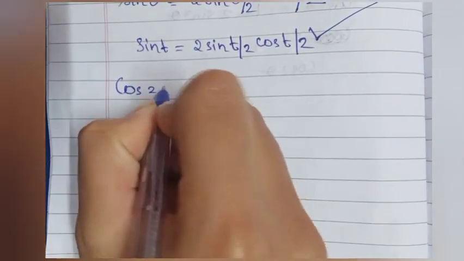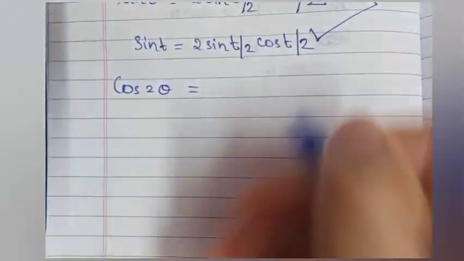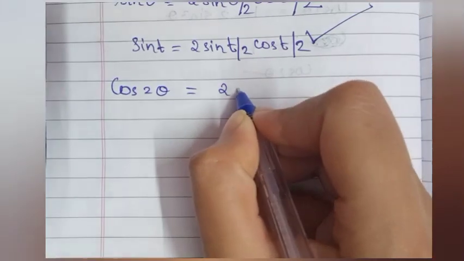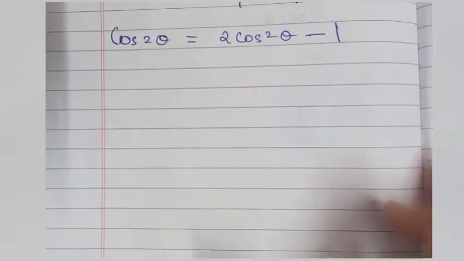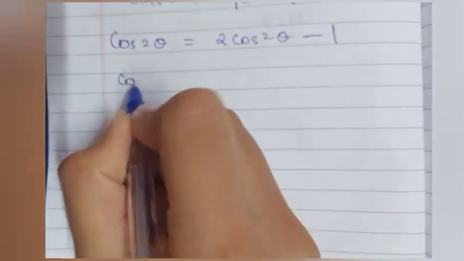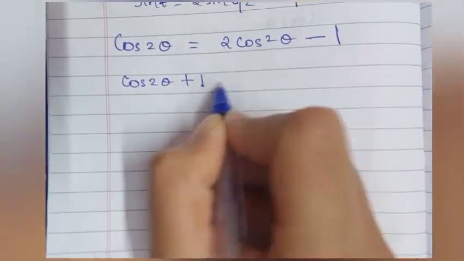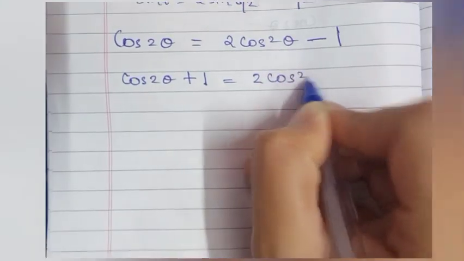Next one, cos 2 theta is equal to 2 cos square theta minus 1. So cos 2 theta plus 1 is equal to 2 cos square theta.